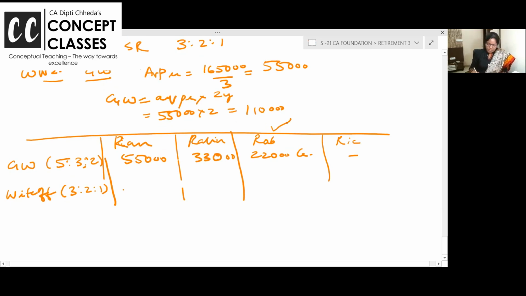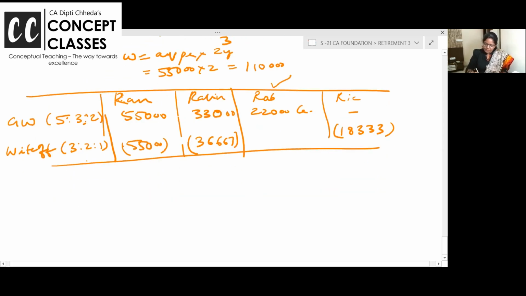Robot is going out, so this 3:2:1 will be like this. 1,10,000 into 3 by 6, 55,000 debit. 1,10,000 into 2 by 6, 36,667 debit. 1,10,000 divided by 6, 18,333 debit. What is the net effect? Nil.